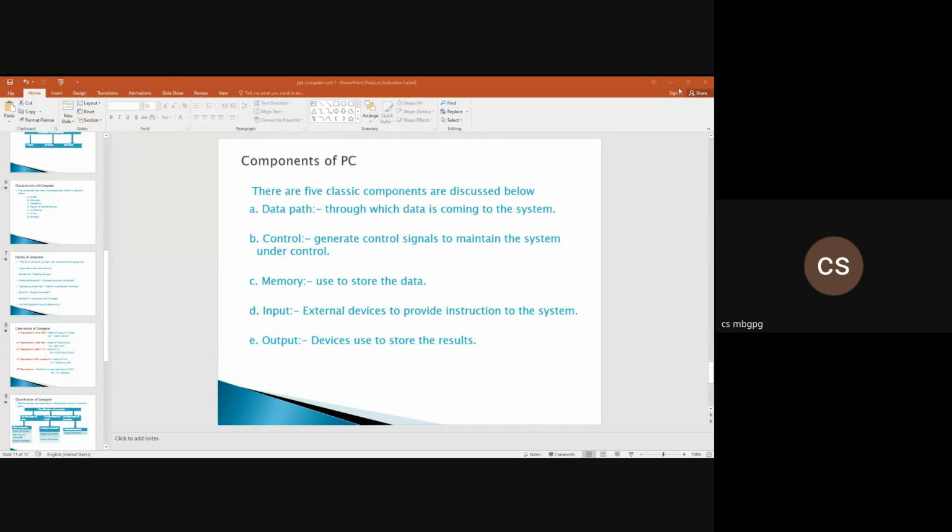Then in the memory part, in the second unit, the CPU is your brain of the computer system. The role of memory is very important. The CPU is like the human brain.